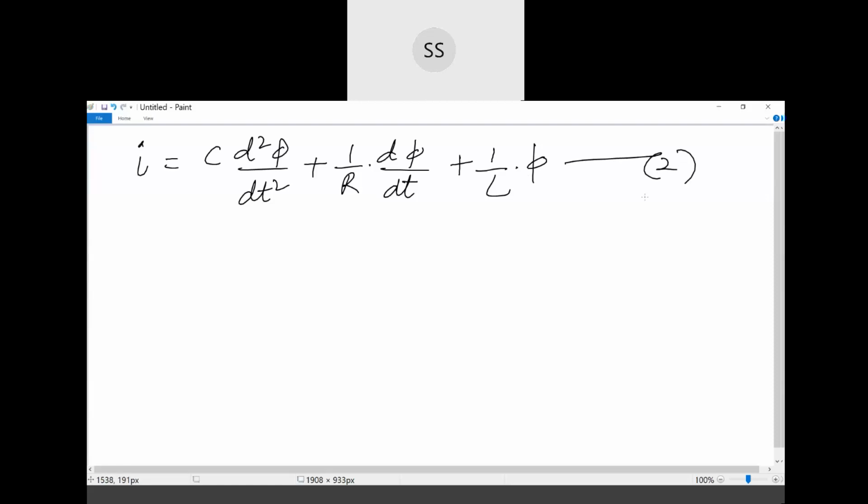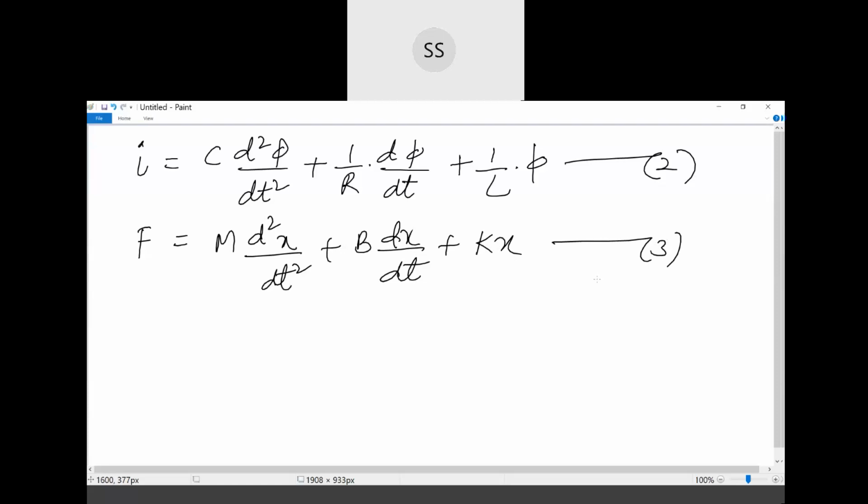We derived this from the parallel LCR circuit where the source is a current source. Now we will find one more analogy with the force and torque equations. The force equation is F equal to m into d square x by dt square plus b into dx by dt plus k into x, which we write as equation 3.